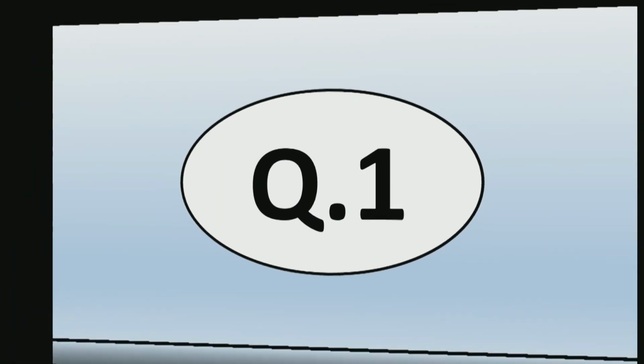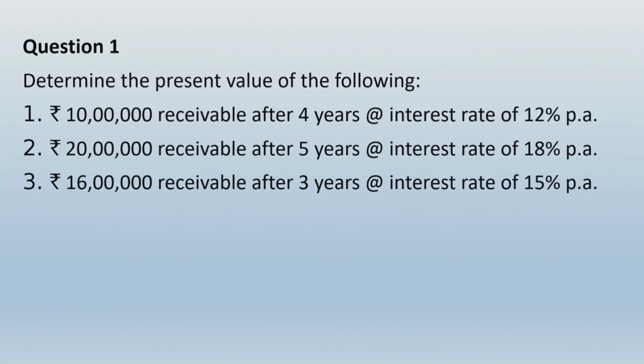Dealing with question number 1 from your book, the very first question in this chapter, Fundamentals of Financial Management. Question number 1, it says determine the present value of the following, and you have 3 different amounts given as future values, and you are supposed to find the present value.